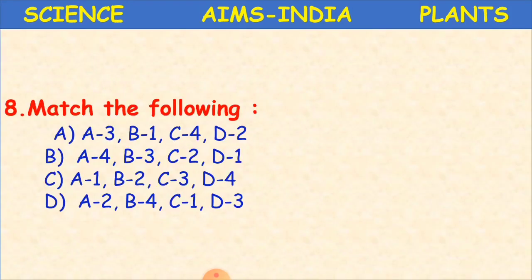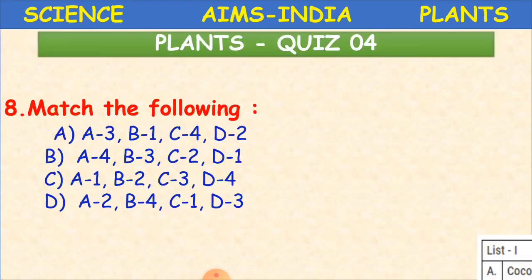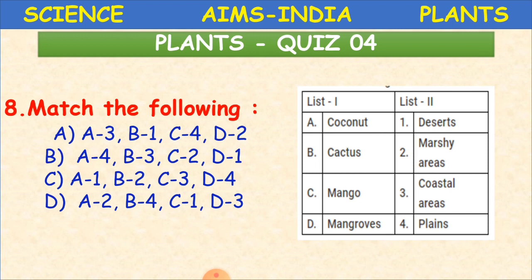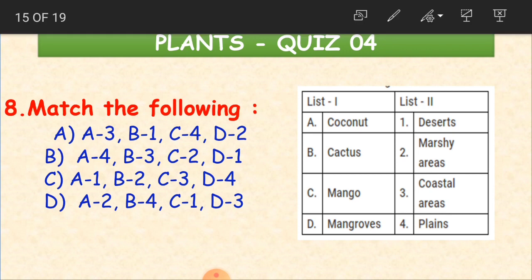Okay, children. Now, the next question. Match the following. We are having two columns, and we have to match them. So first we go with A. A here is coconut. In which area do coconut grow, children? In the coastal areas. This is A. Cactus, deserts.